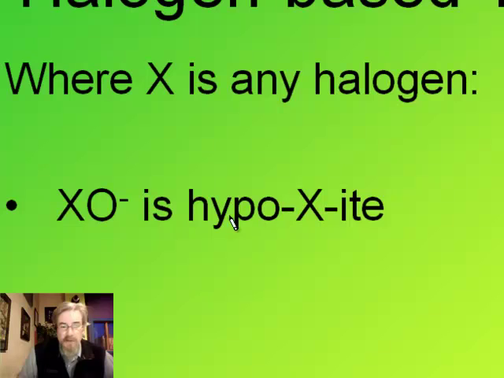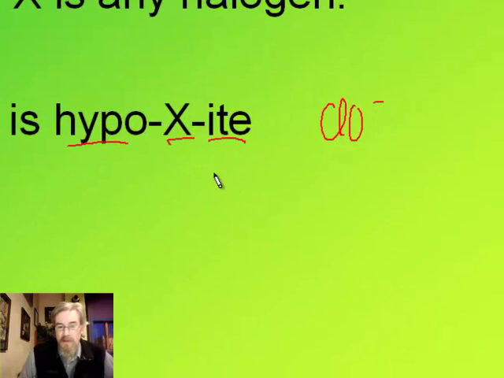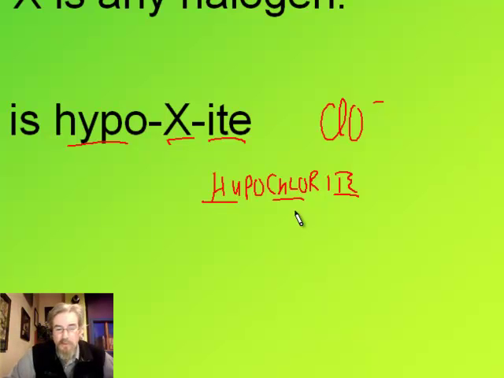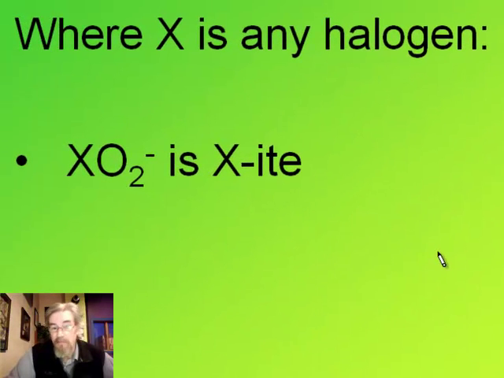If you have XO with a 1 minus charge, well, this is a polyatomic ion involving that halogen. It's hypo, and then the word part for the element, and then ite. So ClO 1 minus I would call hypochlorite. Start with hypo, end with ite, chlor in the middle. Hypo is a word part that means under or less than. So if I take the hypo away, I have more O's.